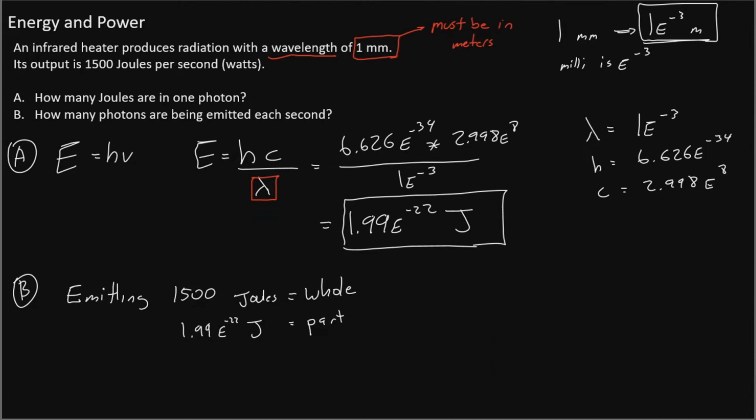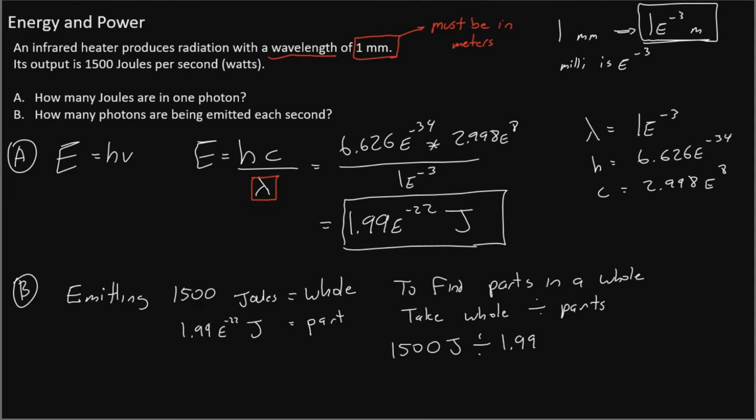So to find how many parts can fit in a whole, we take the whole divided by the parts. So we'll take 1500 joules and divide by 1.99 E minus 22.